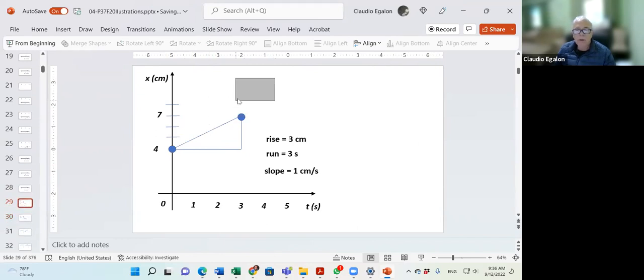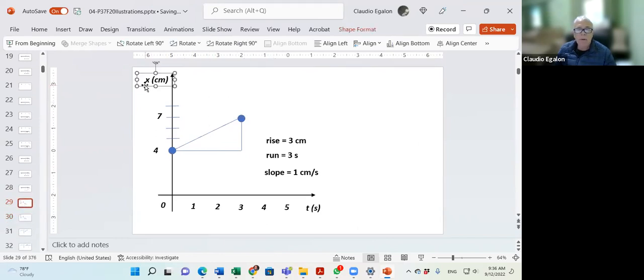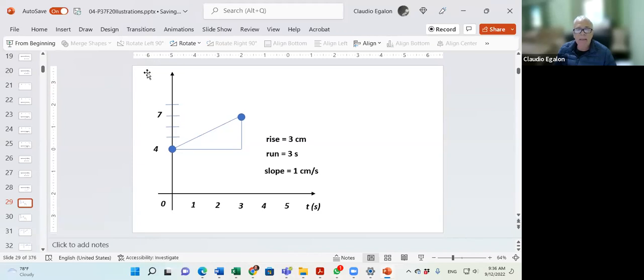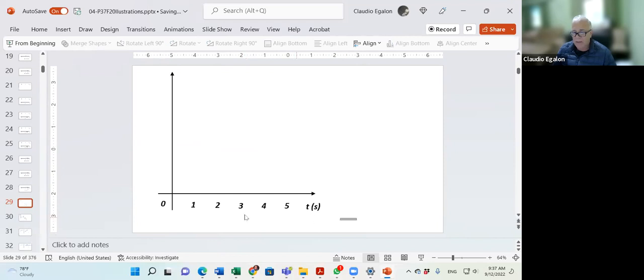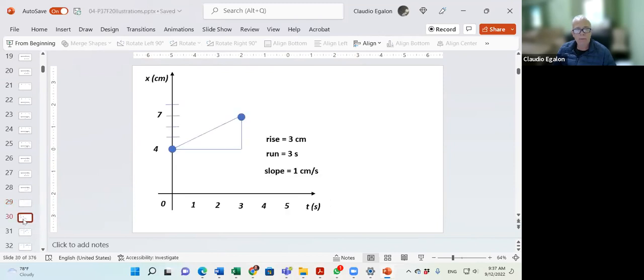First, what do you do? What we're doing here is plotting x against time, just like we did last time in our lab. You draw the x-axis, you draw the y-axis. Plot x against time.